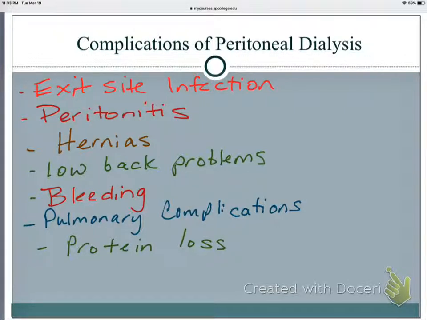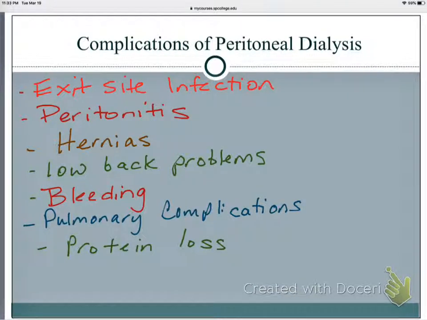That's pretty rare. Generally, it's an exit site infection from the catheter, from not using aseptic technique. It's usually Staph aureus or Staph epidermidis, those bacteria that are right on your fingers. Normal flora can even cause it, especially if your patient gets run down.